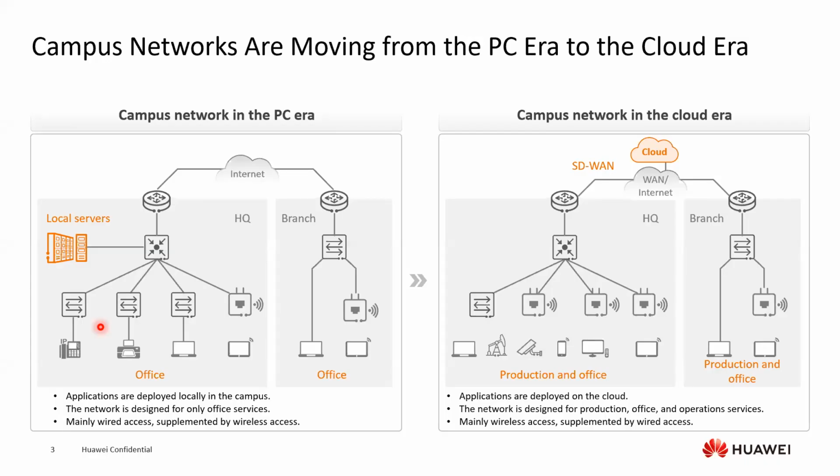Before even moving towards the campus networks, let's go through what campus networks are in themselves. Campus networks are a cornerstone for digital transformation of enterprises and organizations. They bridge between the physical and digital worlds.